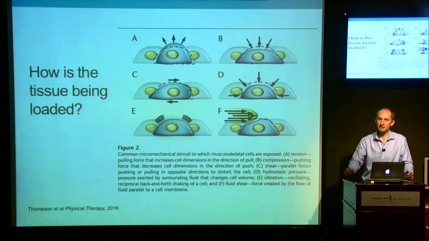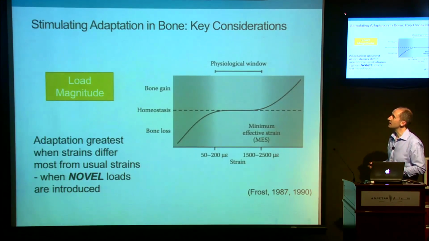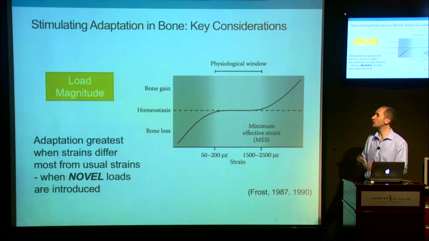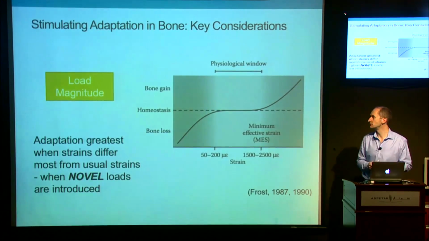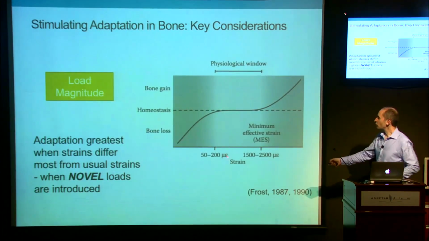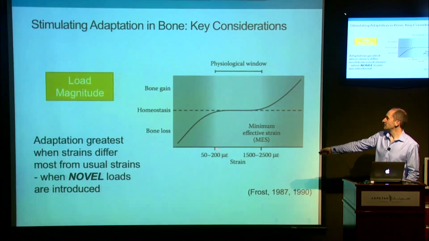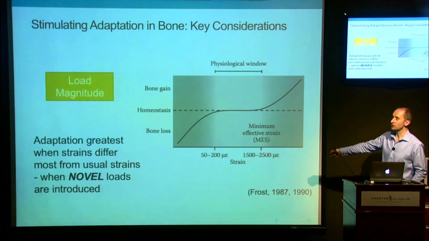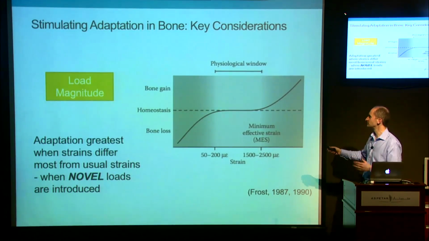So how can we stimulate better bone adaptation, and is there any information that we can see? Well, the first thing that we see is that we need an appropriate strain magnitude for load, for adaptation in bone. We know that normal everyday loading may sit somewhere between 50 to 200 and up to 2,500 in terms of bone strain.